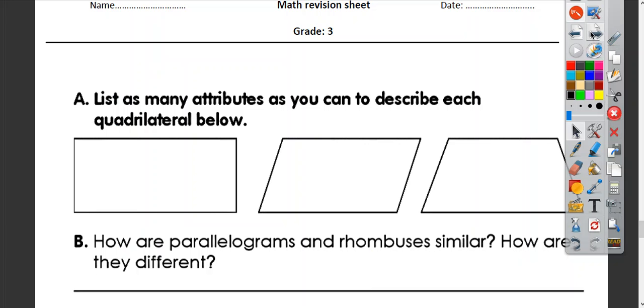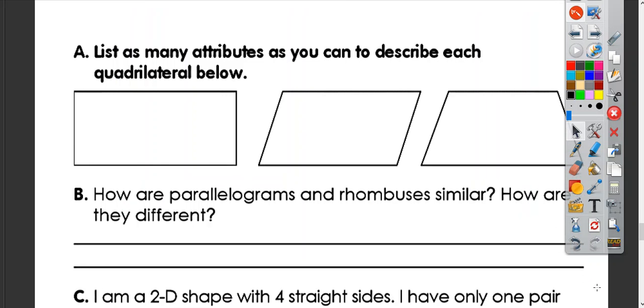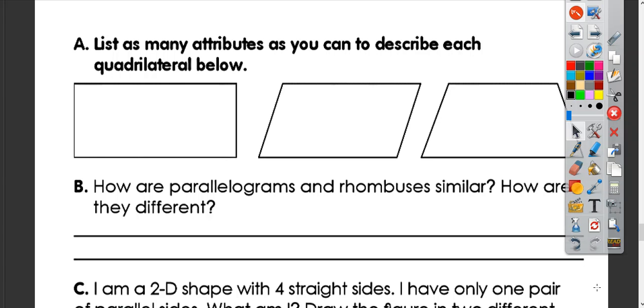Come on. Here. List as many attributes as you can to describe each quadrilateral below. Okay, this quadrilateral is a rectangle. The opposite sides are equal and all the angles are right angles.